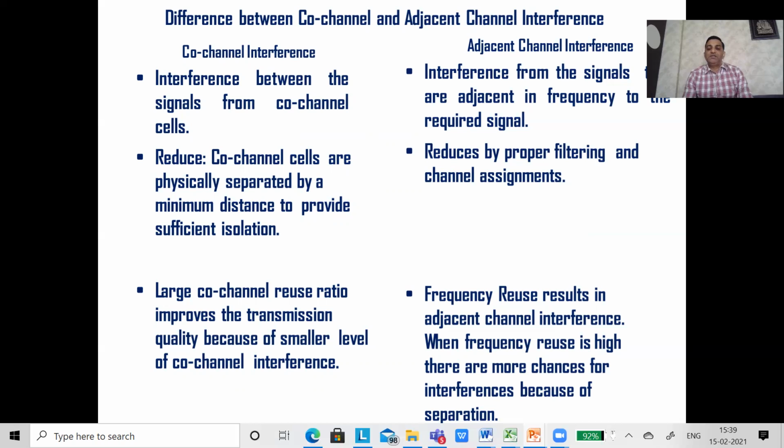Frequency reuse results in adjacent channel interference. When frequency reuse is high, there are more channels for interference because of less separation. So these are the points with which we are able to compare co-channel interference and adjacent channel interference.